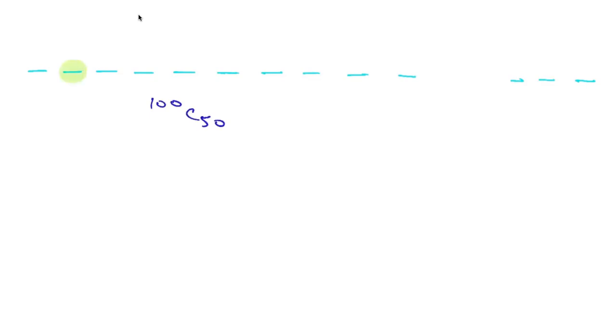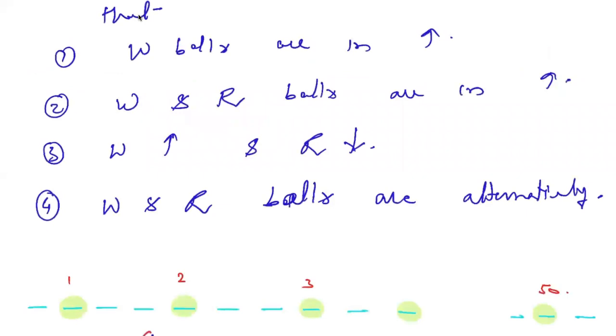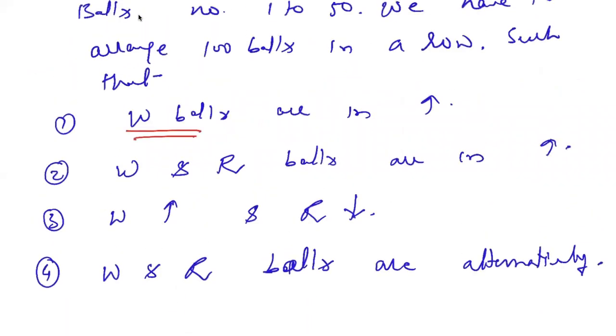In these 50 positions we have to put 50 balls numbered 1 to 50. So we have to start with 1, then 2, then 3, and the last will be 50. The specific order is 1 only, because the order we give to the white balls must be increasing.